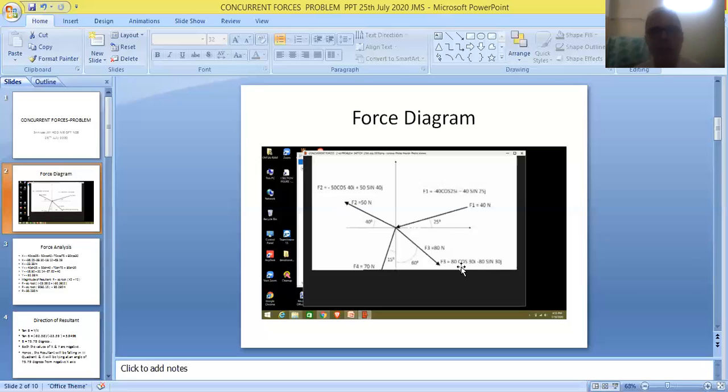So therefore it is written as plus 80 cos 30, and this has to be taken as minus 80 sin 30. Similarly, this x component is acting in reverse direction, so allocate minus symbol. Y component acting in a downward direction, again, allocate minus symbol. So friends, therefore this value will be equivalent to minus 70 cos 75, and the vertical component will be equivalent to minus 70 sin 70.